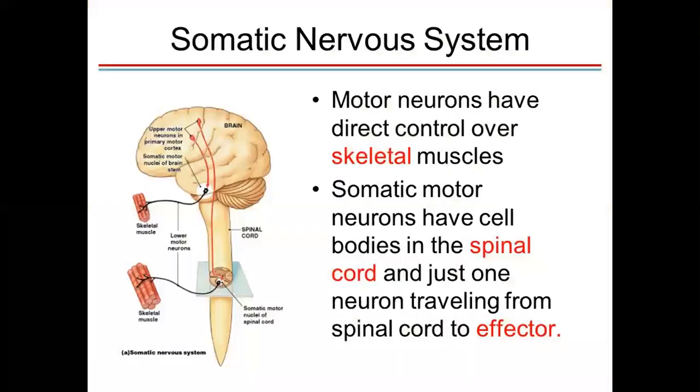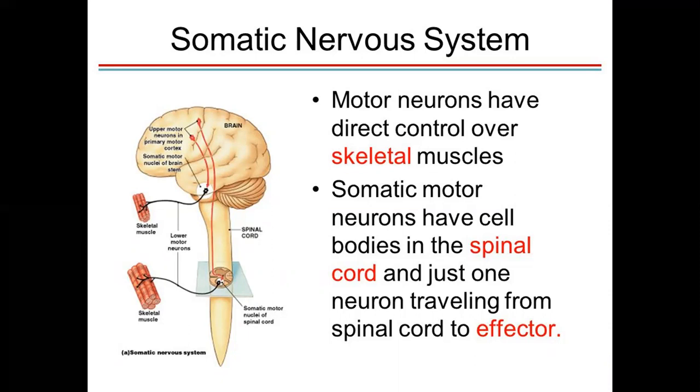What is the somatic nervous system? The somatic nervous system consists of all motor neurons, and these motor neurons have direct control over skeletal muscles, and that's why all voluntary actions are controlled by the somatic nervous system.